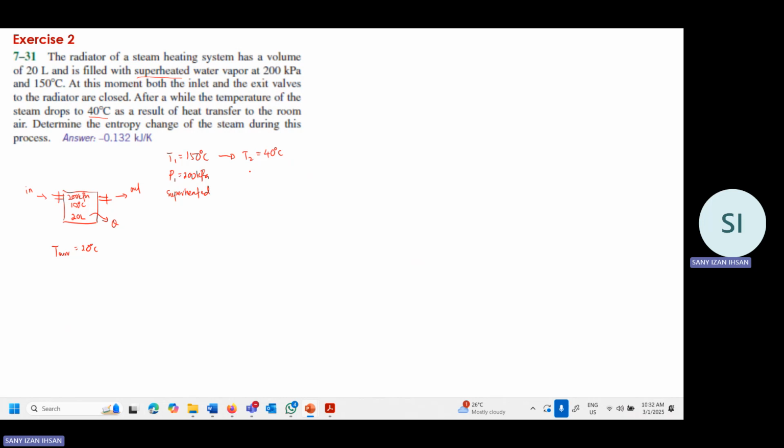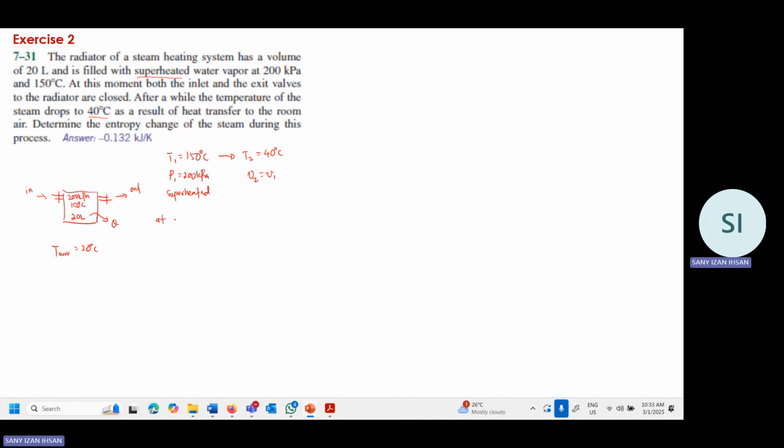So we can say this will be our relation: the specific volume will be constant. This is the information that we have, so let's solve this problem.